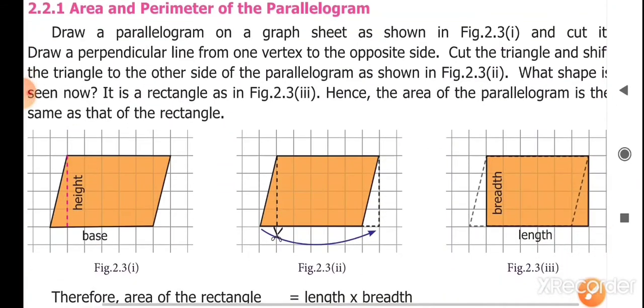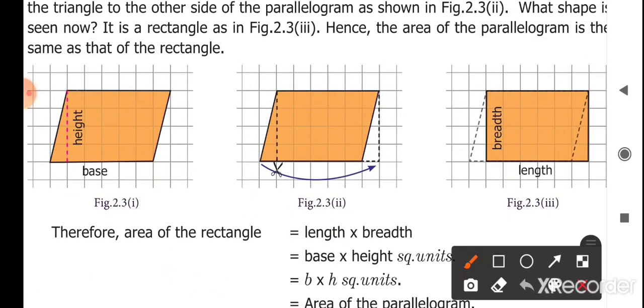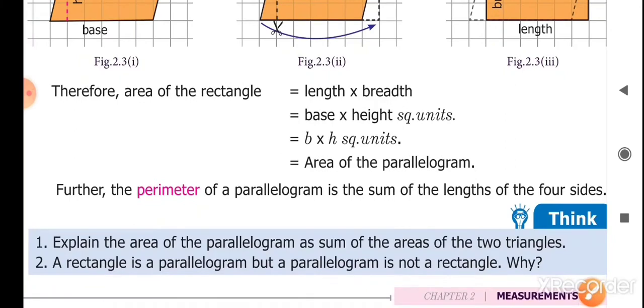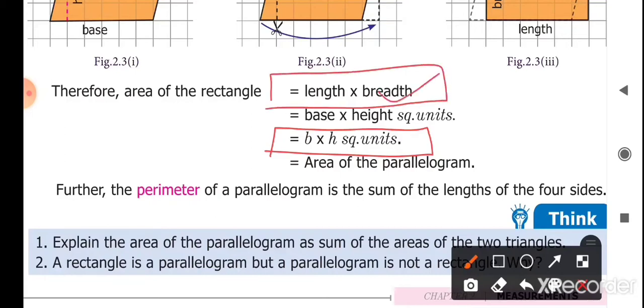Then this is the height. This is the base, and this is the height. The area of the parallelogram formula is base into height. But the area of the rectangle is length into breadth.